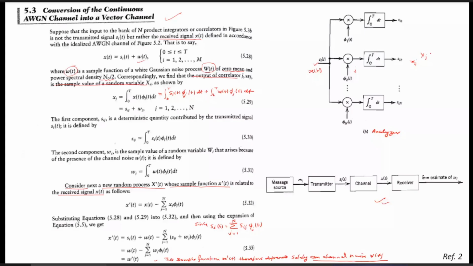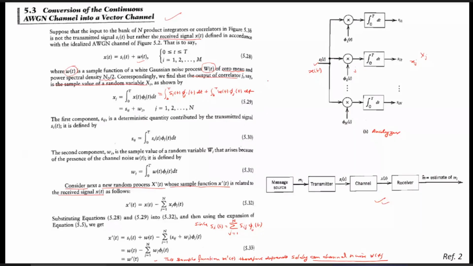Since we know that x(t) is nothing but si(t) plus w(t), you should remember these nomenclatures: Xj are the random variables at the output, xj is the sample value of the jth correlator, and x(t) is the input signal in the presence of noise. Otherwise you won't be able to understand the further concept.